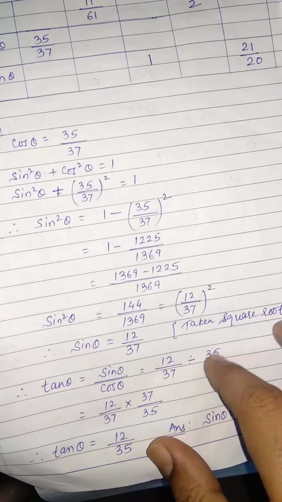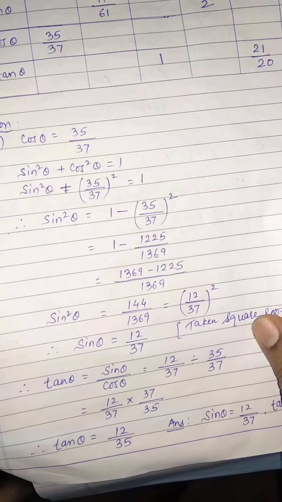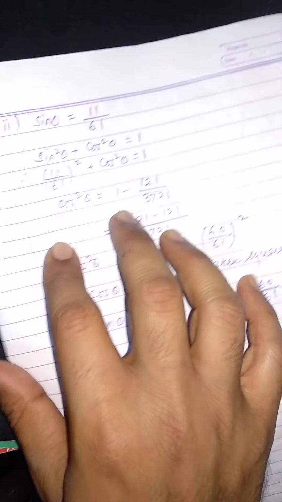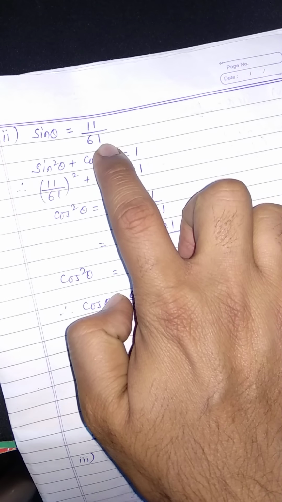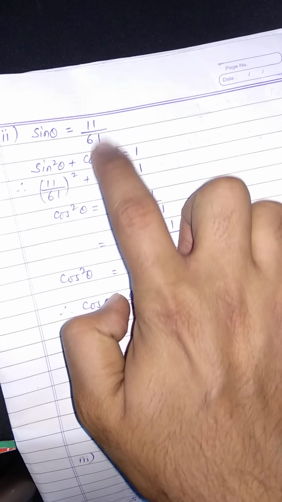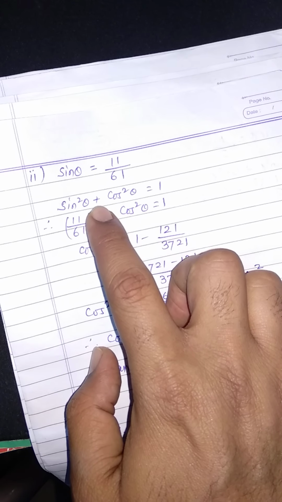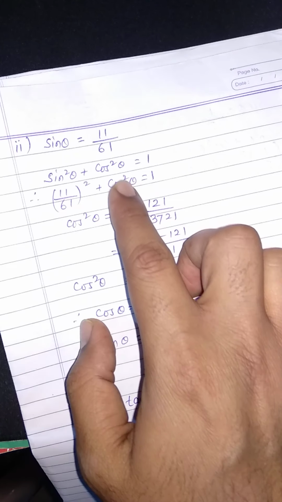So similarly we will see the second sum of the same question where sin theta is given. Sin theta is 11 upon 61. So use the same formula here. Sin square theta plus cos square theta is 1.